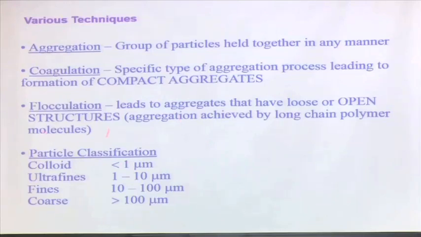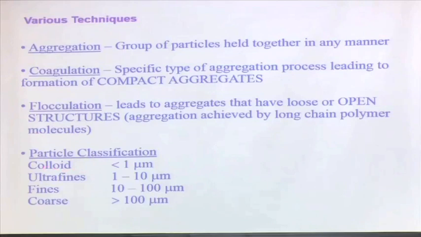Here, the people who deal with this type of solid liquid separation have different definitions for sizes. So, the definition of fine and ultra fine changes depending upon the application.